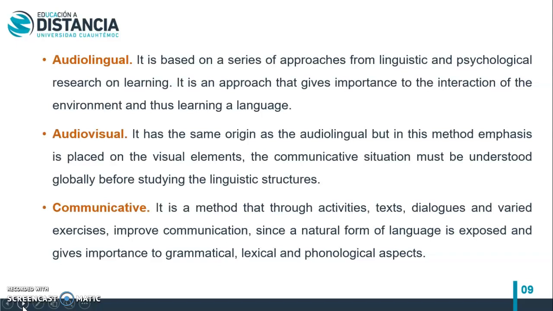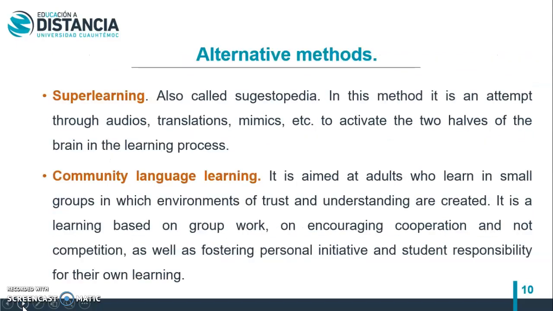So this is a problem. And this method improves the communication through activities, texts, dialogues, and barrier exercises, since a natural form of language is exposed and gives importance to grammatical, lexical, and phonological aspects.